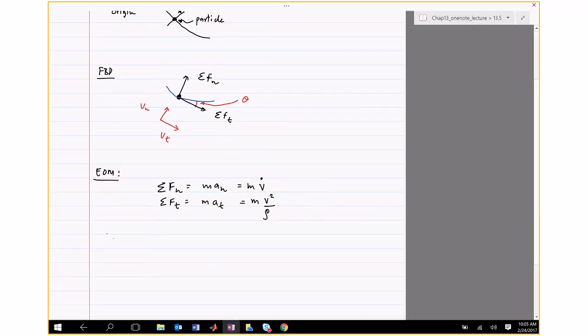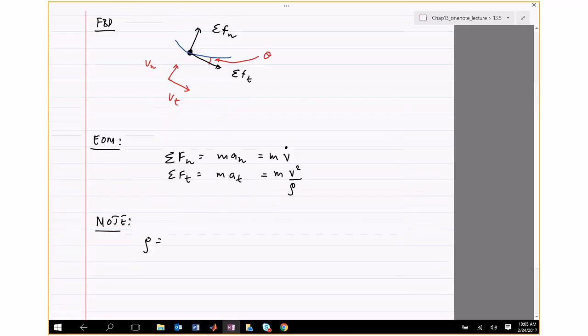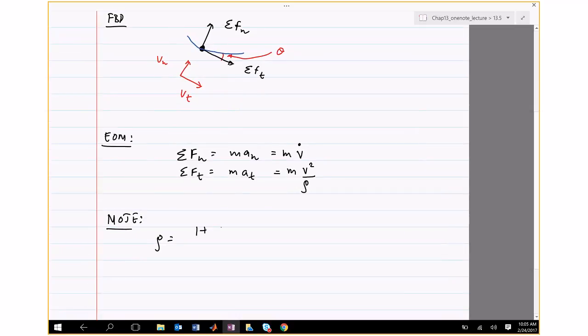And a few things to note. Rho is the radius of curvature that can be found out if you know the equation of the path. If you know y equals f of x, then rho is simply 1 plus dy dx square, the whole thing raised to the power 3 by 2, divided by the modulus of d square y by dx square.